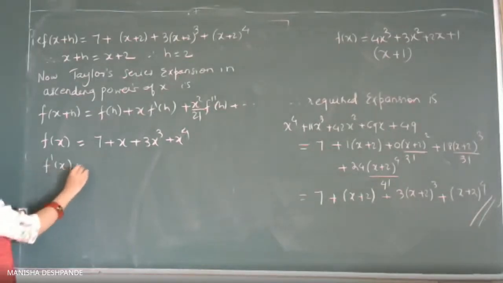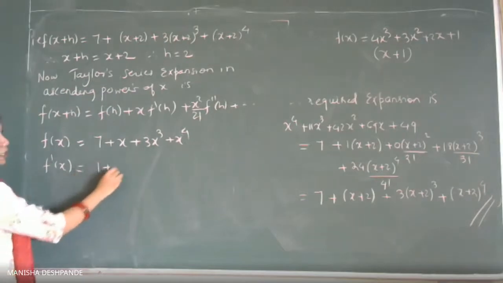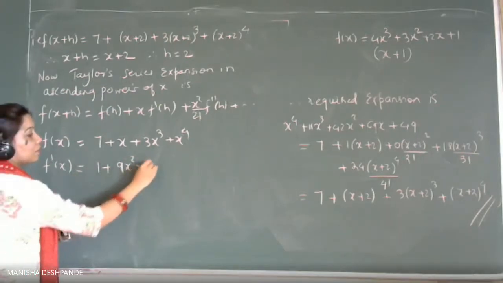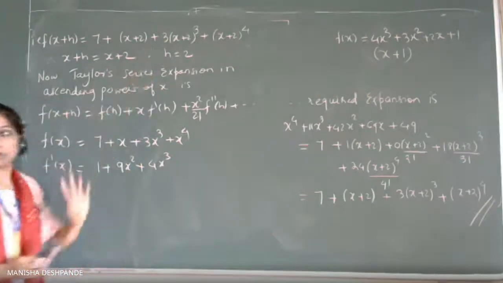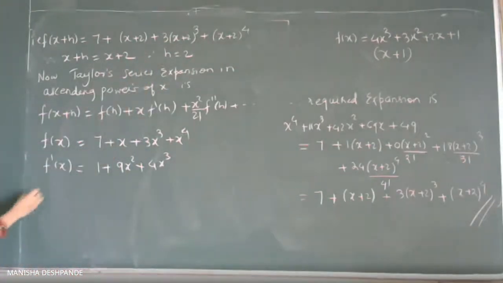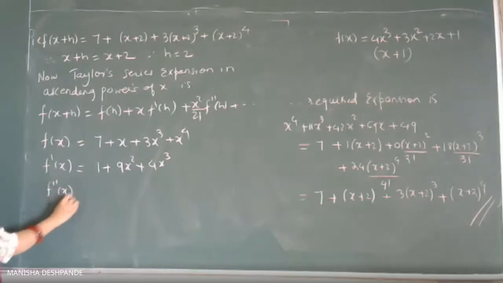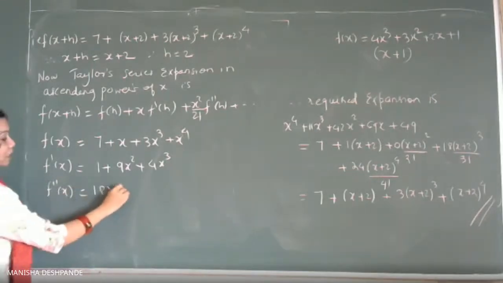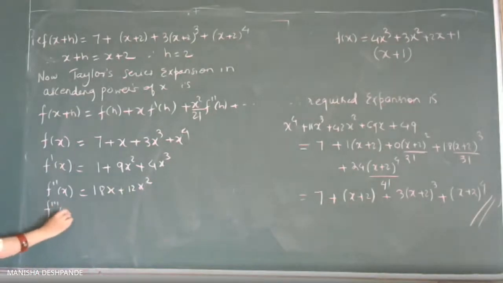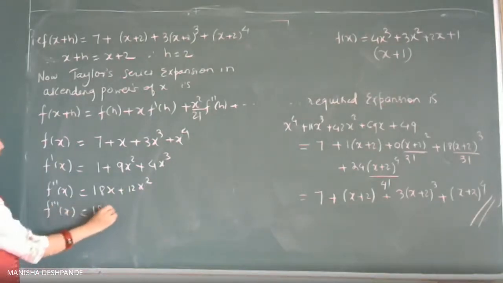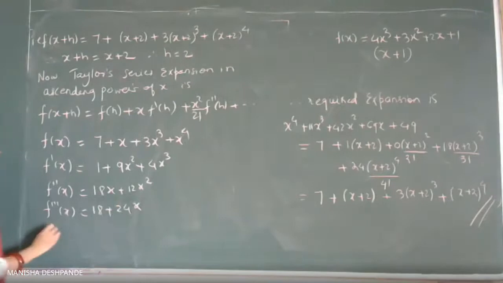Therefore, f dash will be 1 plus 9x square plus 4x cube. I have removed 2 because I want f of x. Then f double dash of x will be 18x plus 12x square. Triple dash will be 18 plus 24x. And the fourth derivative will be 24x.